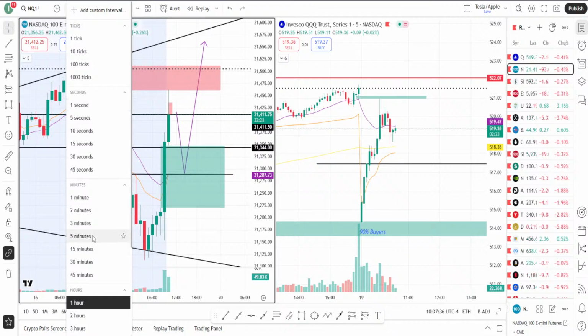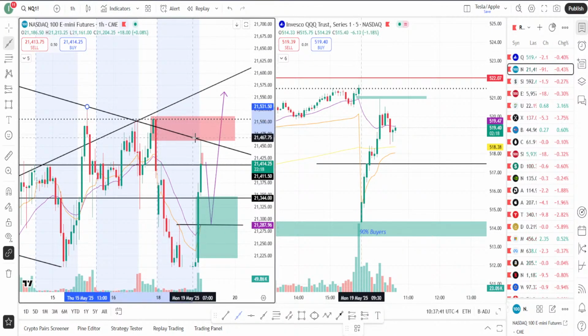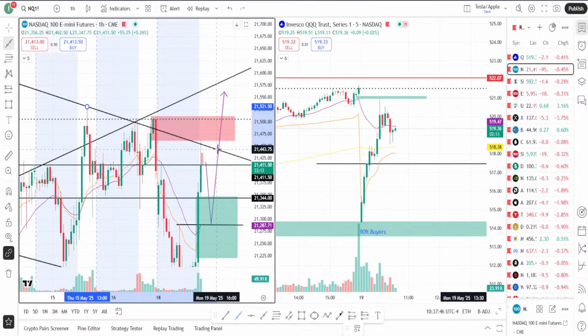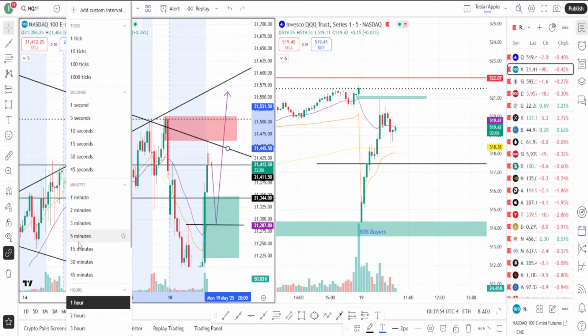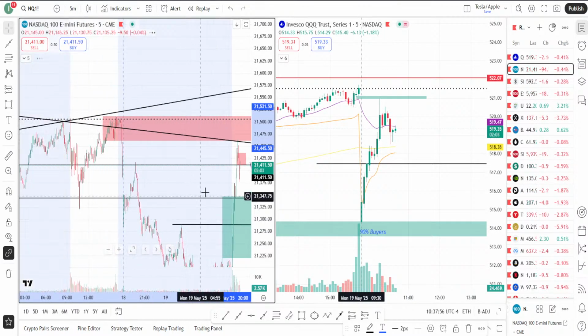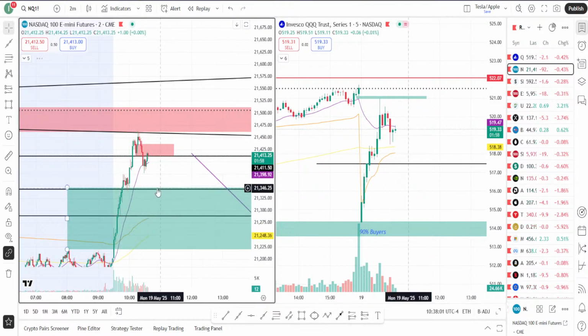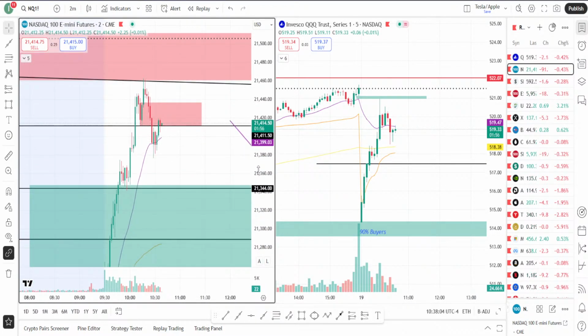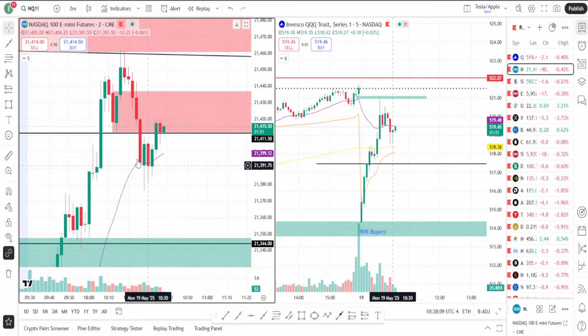Use another trend line here as well. So like this. Okay, we're bouncing up to 21 here.